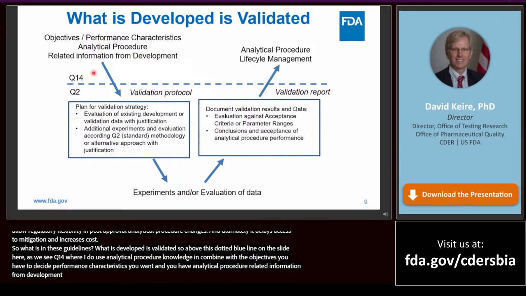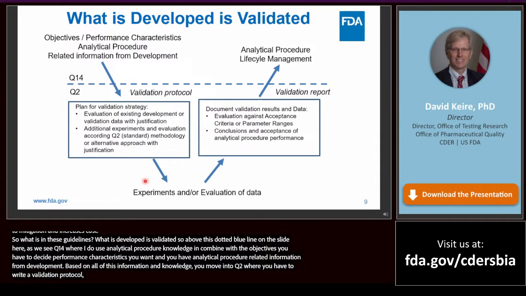And based on all that information and knowledge, you move into Q2, where you write a validation protocol, you perform experiments, and perform evaluation of data, which you would write up in a validation report.